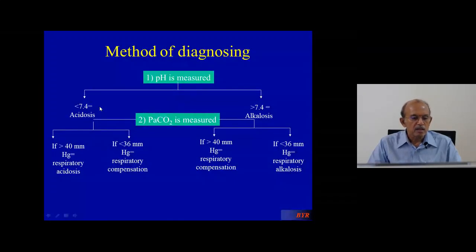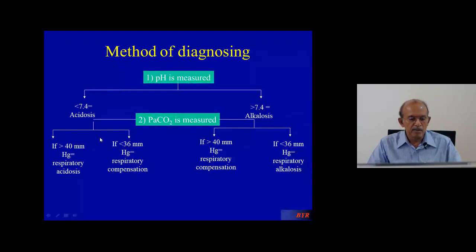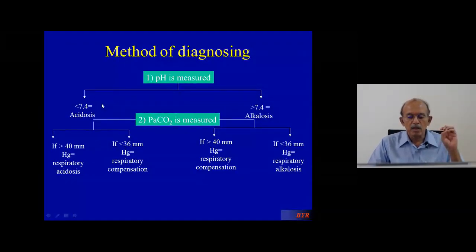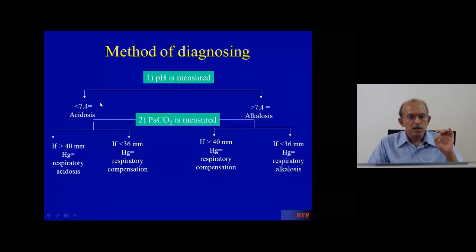Anyway, I will repeat this again. Now you have a patient. You have tested the pH level. The pH level is 7.2. That means you say it is acidosis. Then you want to know whether it is metabolic acidosis or respiratory acidosis. You check the PaCO2 level.